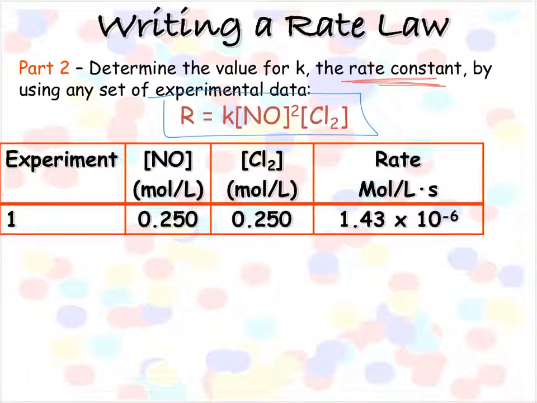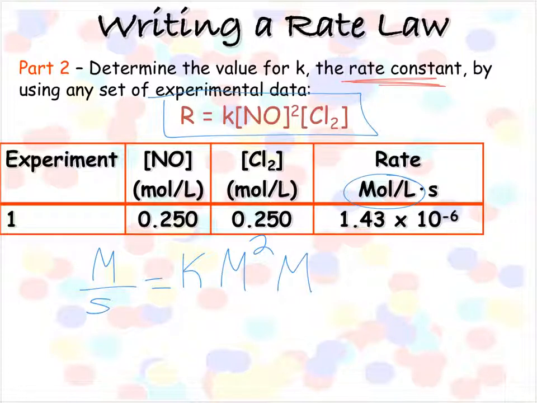So over here, we've got rate. Rate is moles over liters per second, that's molarity, so I got molarity over seconds is equal to K. And then NO was molarity, and that was squared. And then Cl2 was molarity.